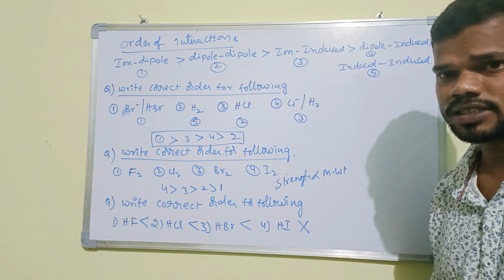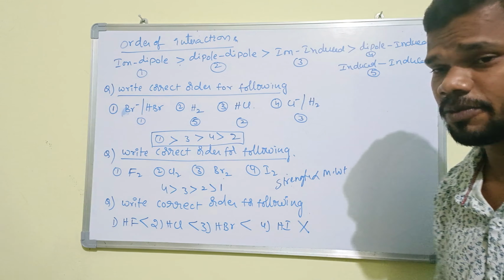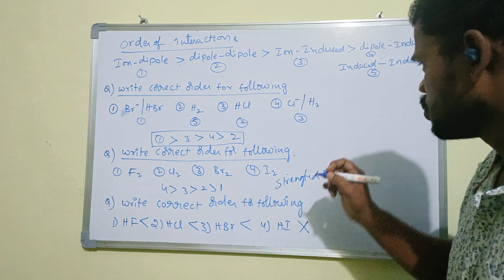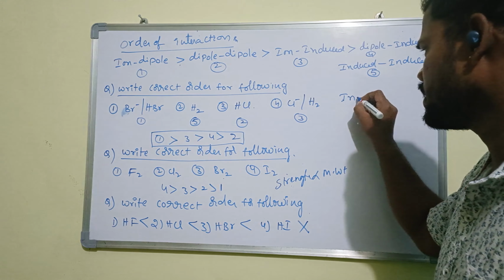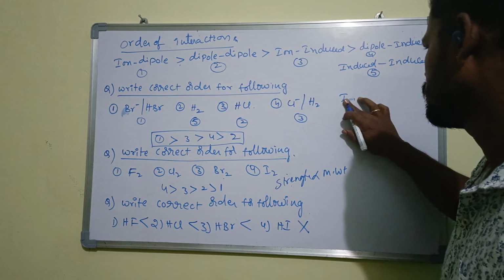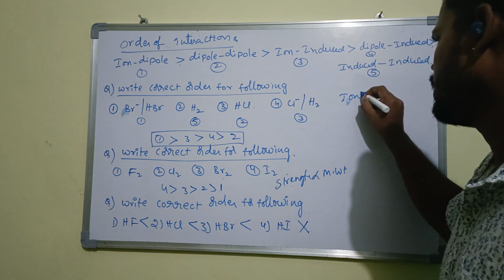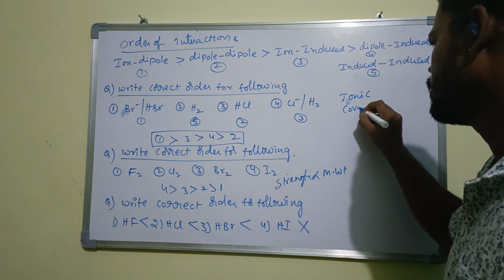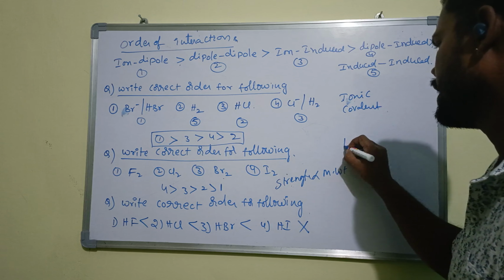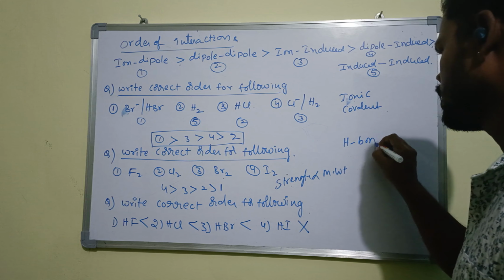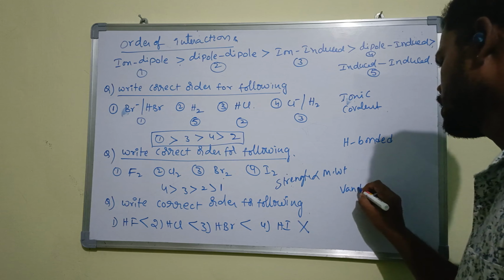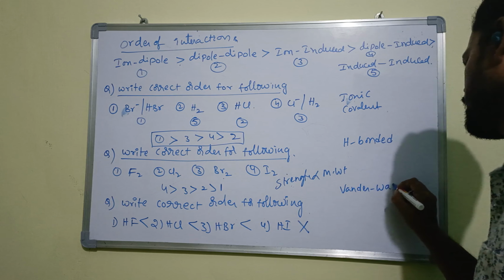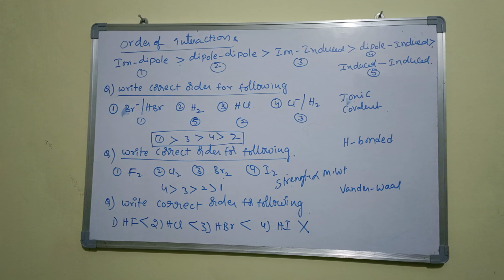Because here we have to discuss the different types of interactions. The first is ionic interactions, then covalent, then hydrogen bonded, then van der Waals interactions.